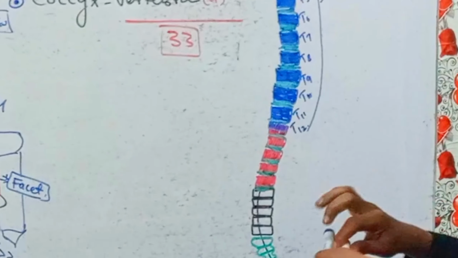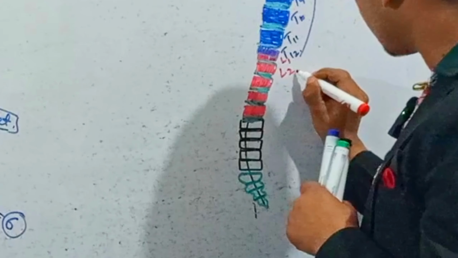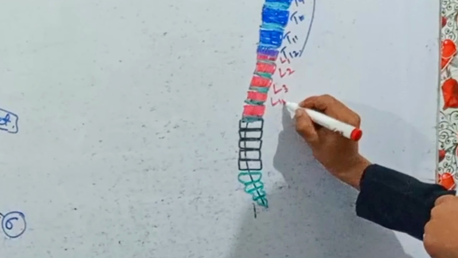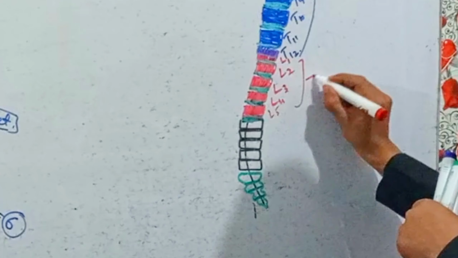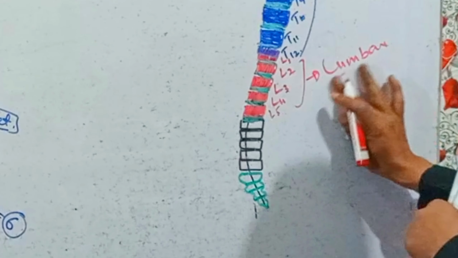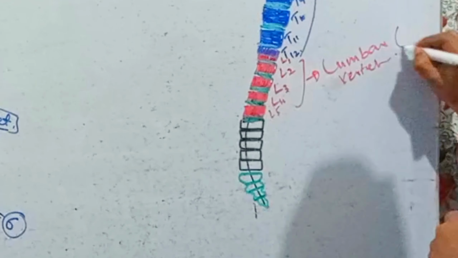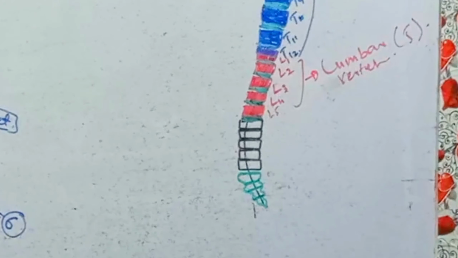These red vertebrae, L1, L2, L3, L4 and L5, make the lumbar region, lumbar vertebrae, 5 in number, right?